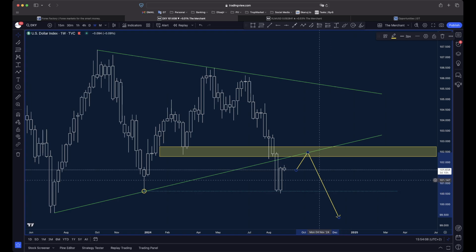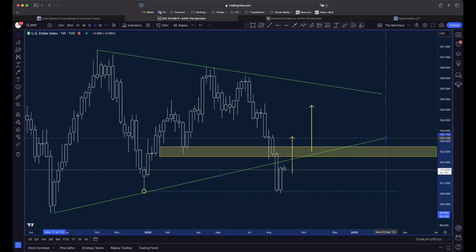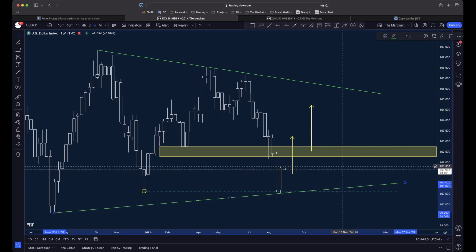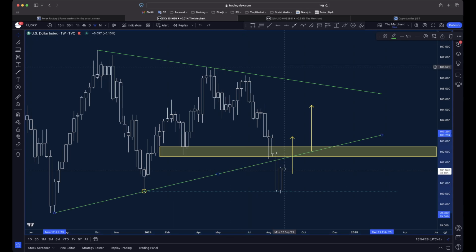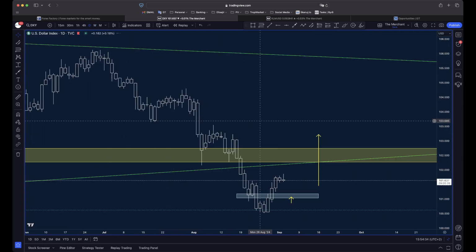With the non-farm payroll, we will see if this scenario will happen, or by the end of the week price will close above here, and that will be a fake out, and then price continues the move to the upside and we adjust this trend line like that. We will find this out this week, but it's always good to keep it in mind.